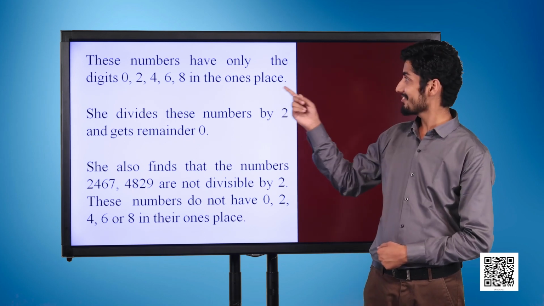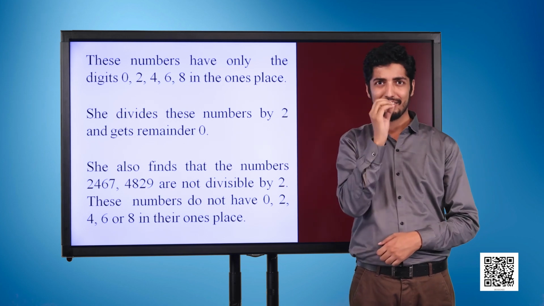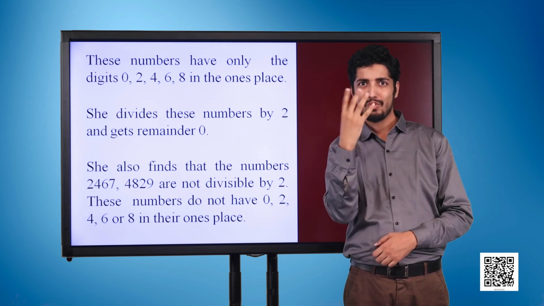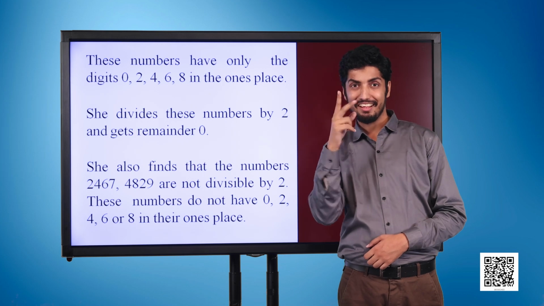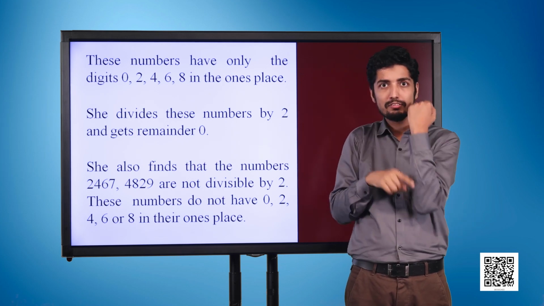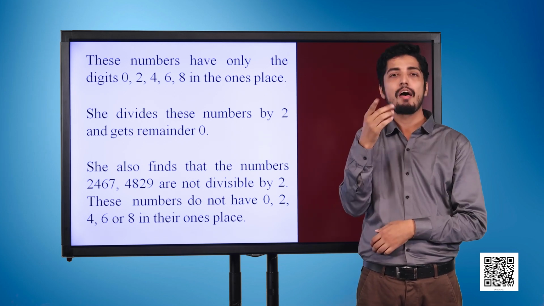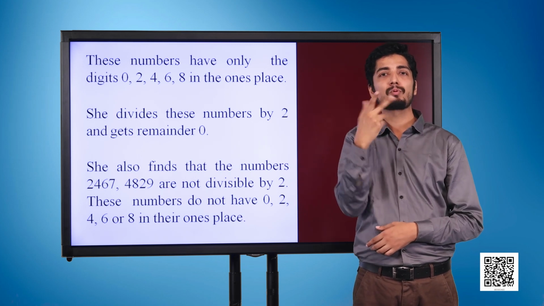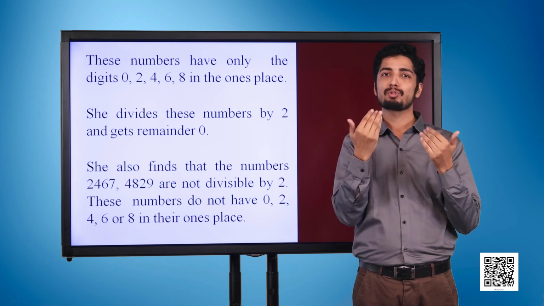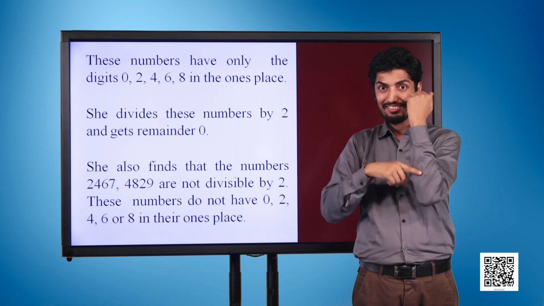These numbers have only the digits 0, 2, 4, 6, 8 in the ones place. She divides these numbers by 2 and gets remainder 0.